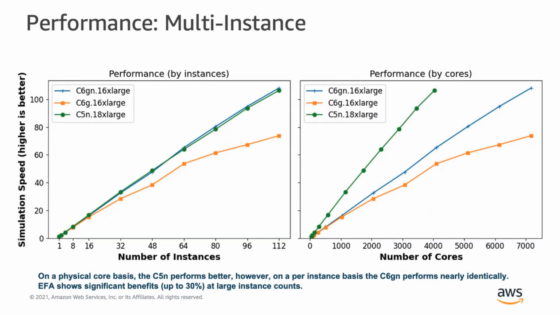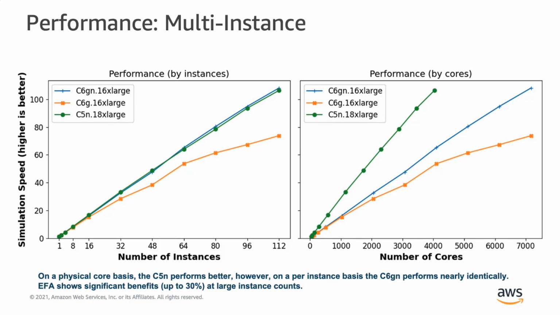These graphs are showing the same data in 2 different ways. The left side shows the performance, which is simulation speed, the same metric we talked about before. We're showing it by instance on the left and by cores on the right.